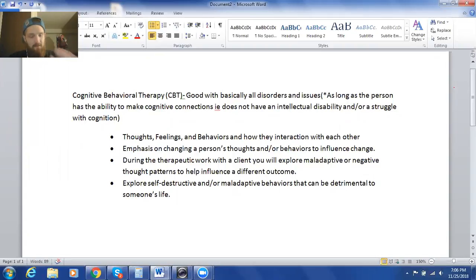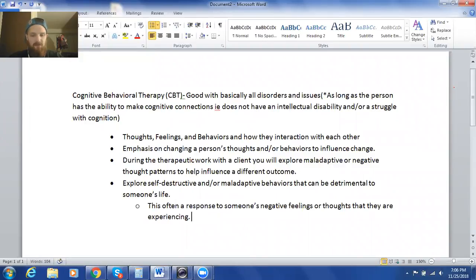And then the caveat, this is often a response to someone's negative feelings or thoughts that they are experiencing, which calmly boiled down is it is their way of coping with this situation.